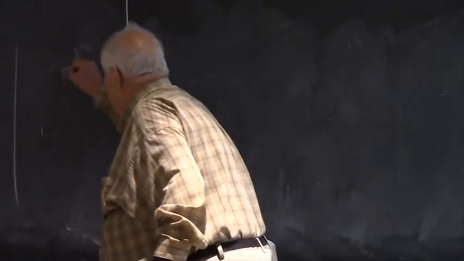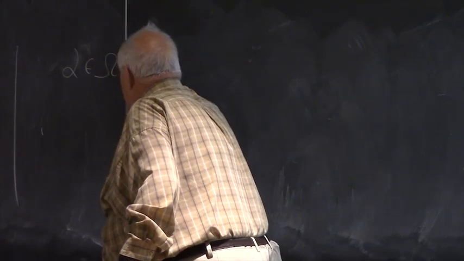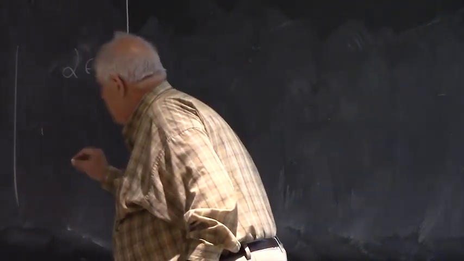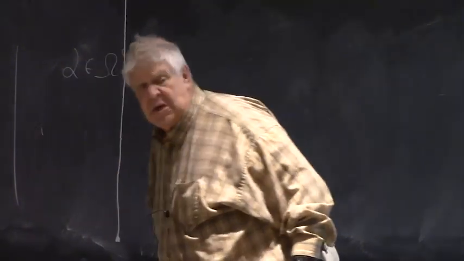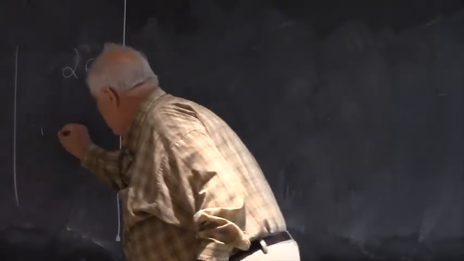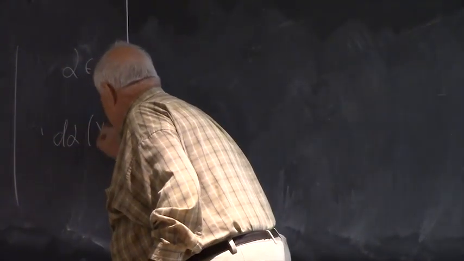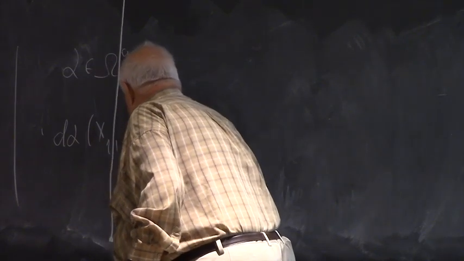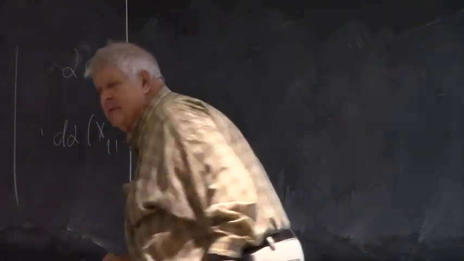Now this formula. Suppose that alpha is in omega q of m. So alpha is a function depending on q vector fields. Now d alpha depends on q plus 1 vector fields.